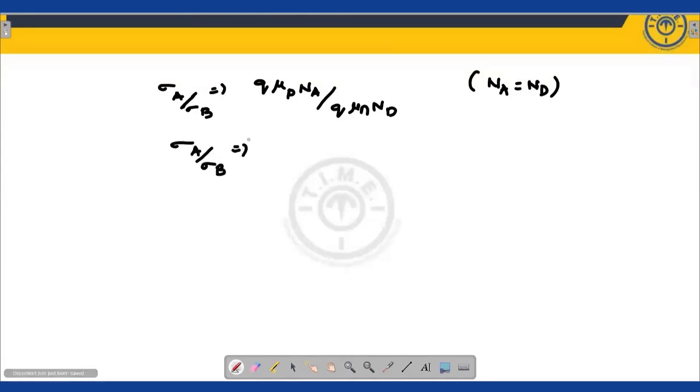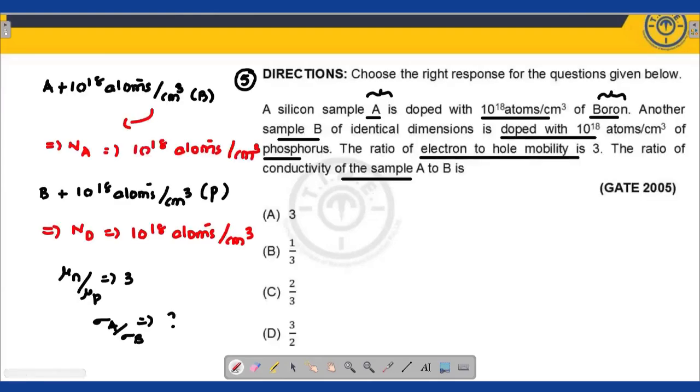Cancel this, which is equal to mu p by mu n. But my dear friends, he has given mu n by mu p.